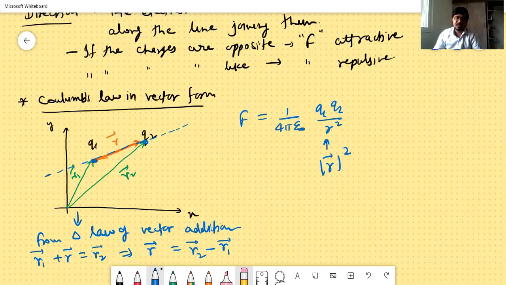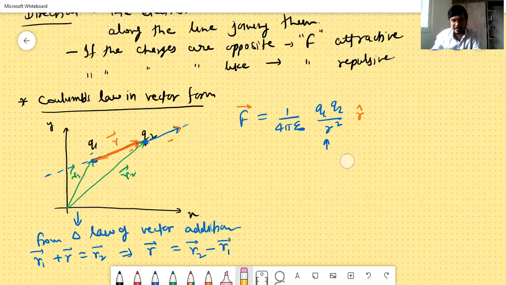The force was acting along the line joining q1 and q2. Now if both the charges are of the same nature, let's say both have the same sign, positive or negative, then the force will act along this direction, right? Have a look at the direction of vector r. Vector r is like this and the force is like this. Aren't they pointing in the same direction? So if we want to write this force in vector form, can we write it like this? The answer is yes. Okay, we can write it like this.